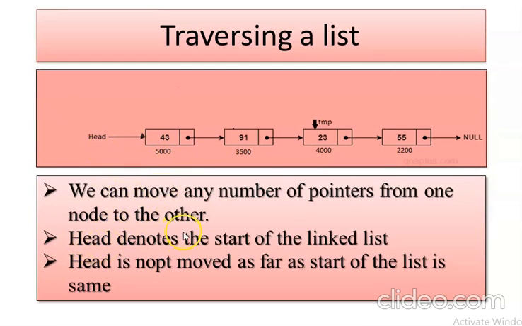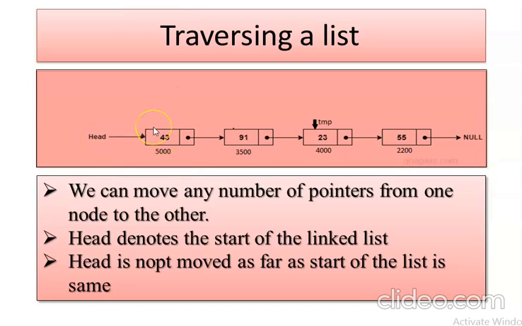So head denotes the start of the linked list. Head is not moved, as far as the start of the list is safe. We are keeping this as the front of the list. We will not move head from here.